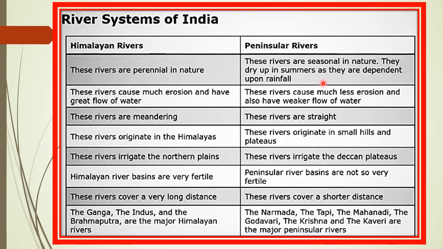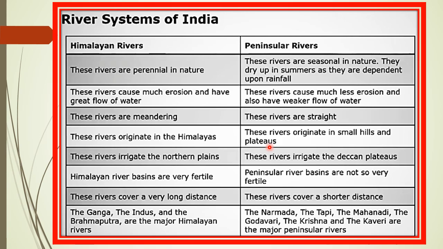Now Himalayan rivers originate in the Himalayas, whereas the peninsular rivers originate in small hills or plateaus, okay, in the Western Ghats. Then the Himalayan rivers irrigate, they give water to the northern plains, whereas these rivers irrigate the Deccan plateau. Himalayan river basins are very fertile, whereas peninsular rivers are fertile but not as fertile as the Himalayan river basins.